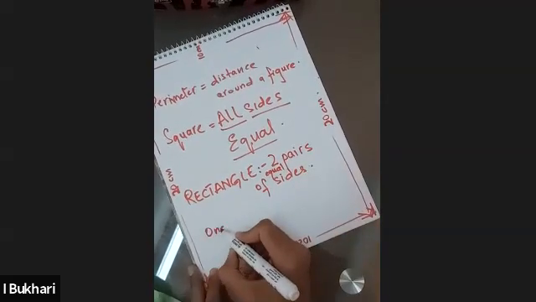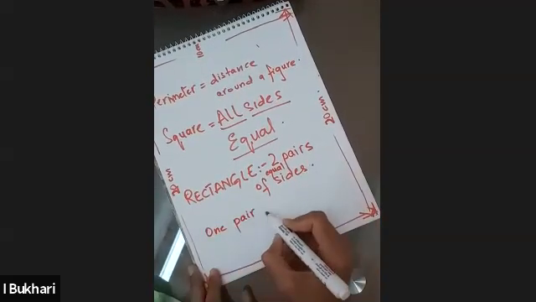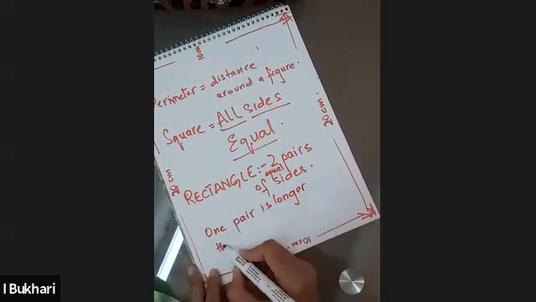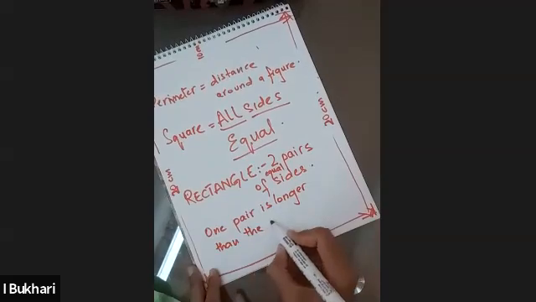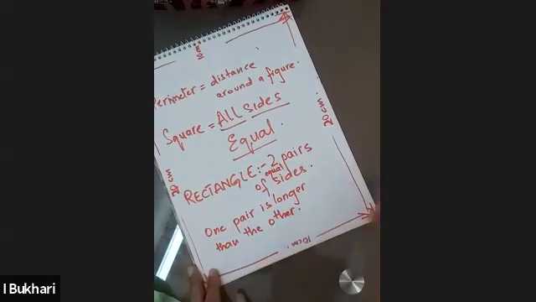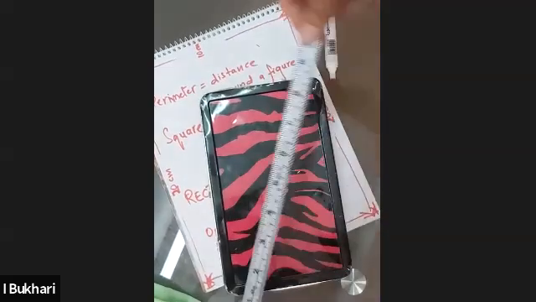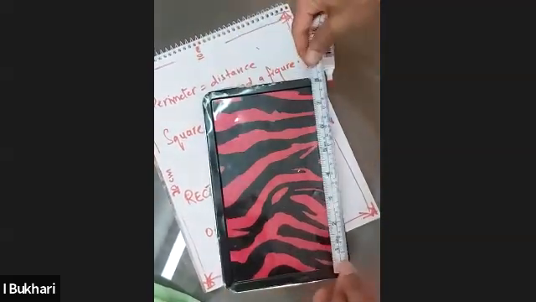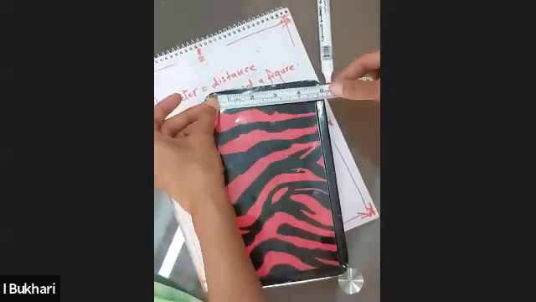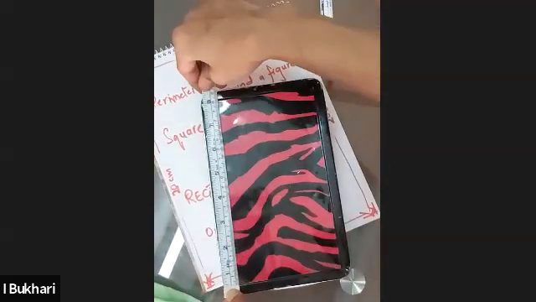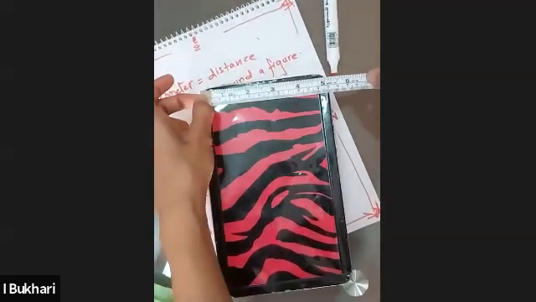One pair is longer than the other. And I just showed you what I mean by that. Meaning this pair was longer than this pair. This pair is shorter because this was 8 and this is 5.